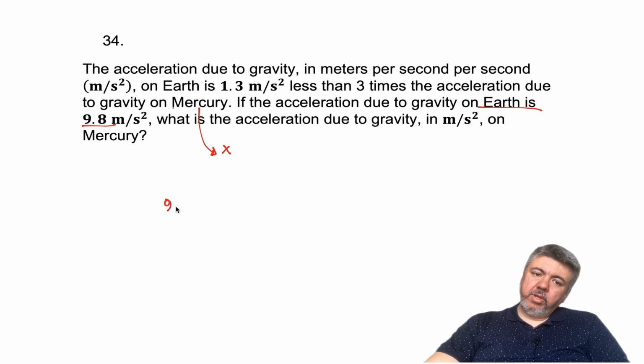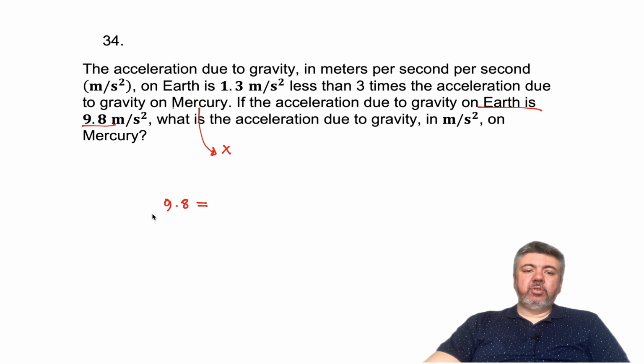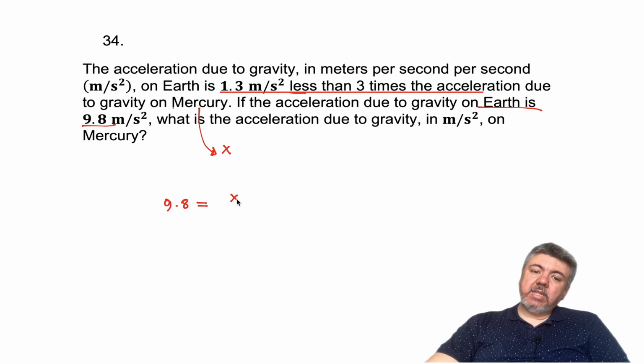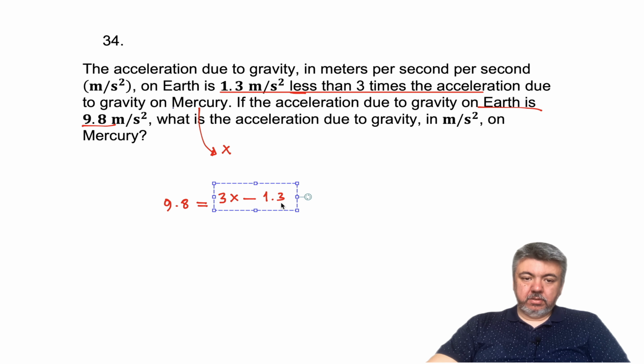So, 9.8 is less than, what less than? 1.3 less than 3 times Mercury. So x times 3 minus 1.3. That's the equation.